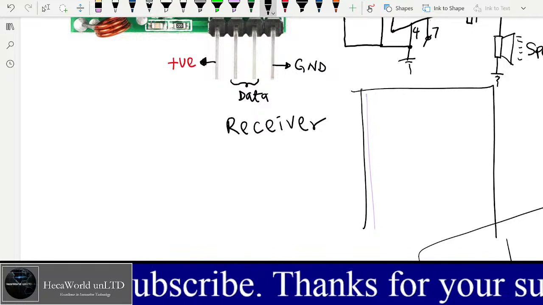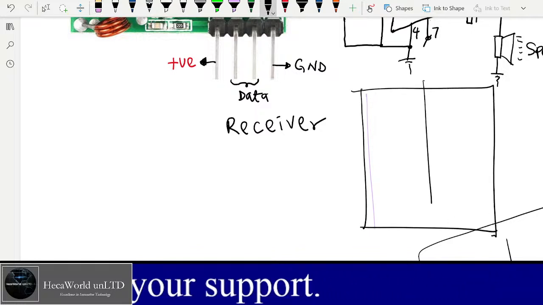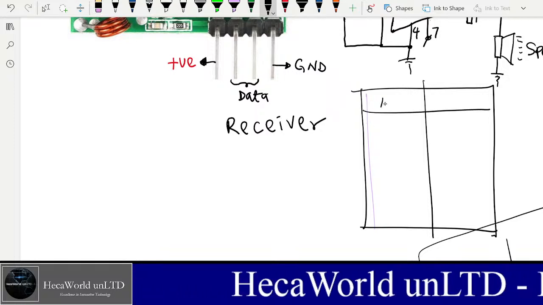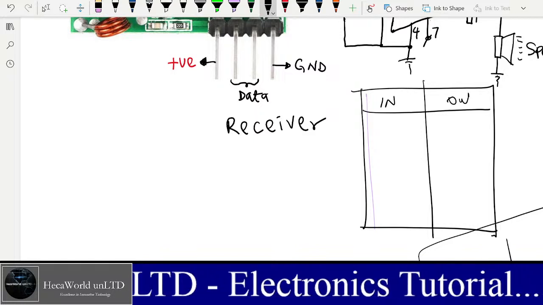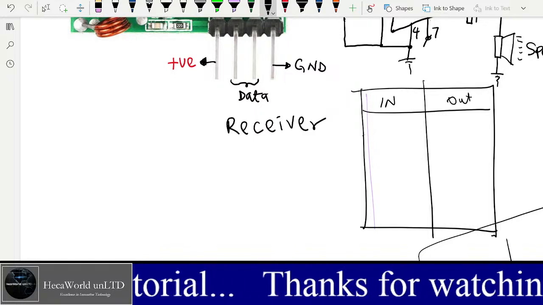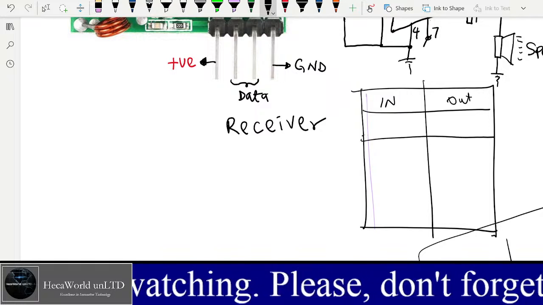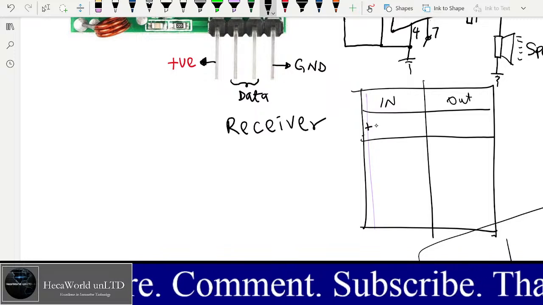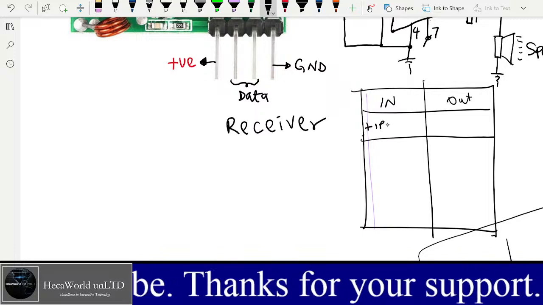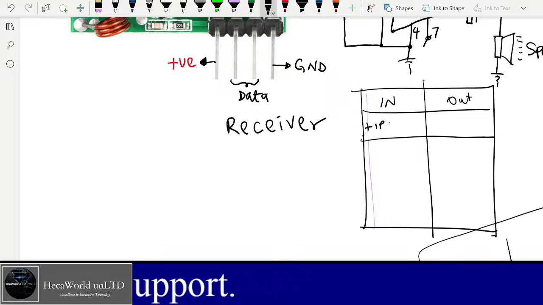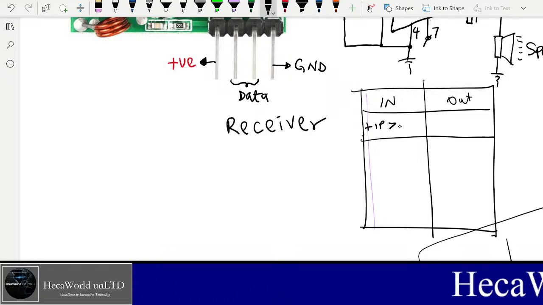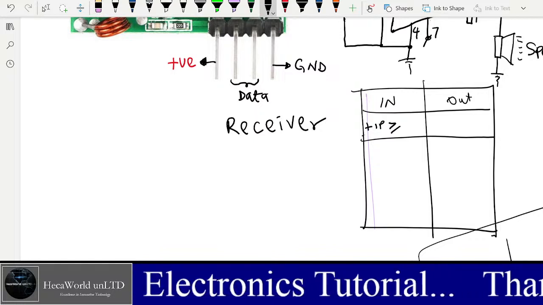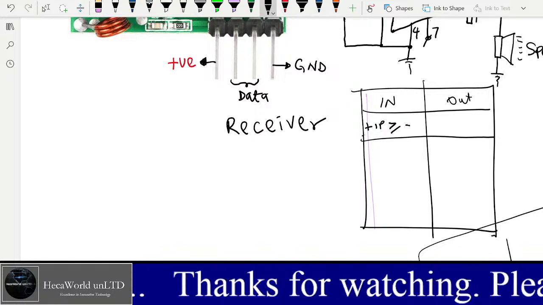It's going to be my box, and I use it for explanation. So this is input, this is output. So if I have the positive input, positive IP is greater than or equal to negative IP.